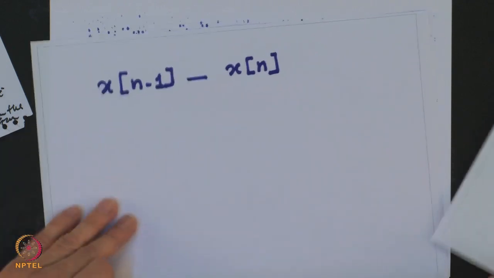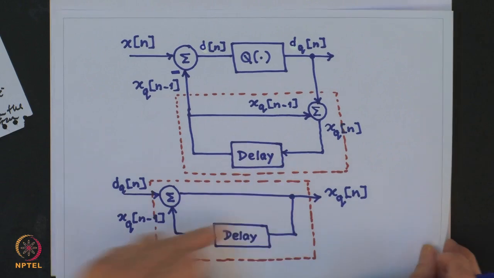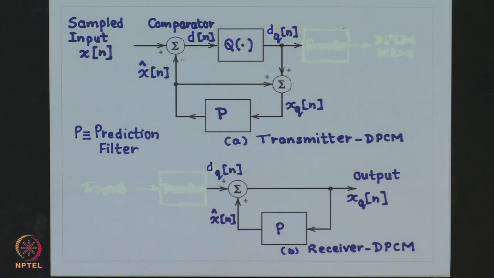So, let us modify this figure to replace the delay with a block called a predictor block, and we will get this figure as shown here.